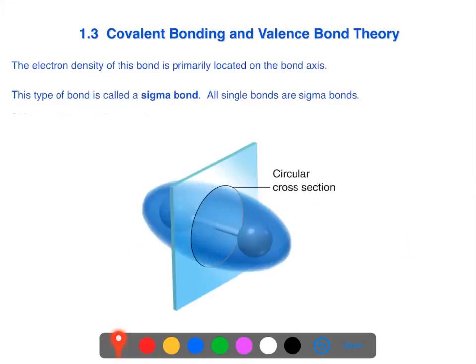So here's an example, again, of this diatomic molecular system where we have two atoms overlapping to form what we call a bond, a covalent bond, but typically we refer to this more specifically as a sigma bond. All single bonds are often referred to as sigma bonds. The electron density of this bond is primarily located around the bond axis.